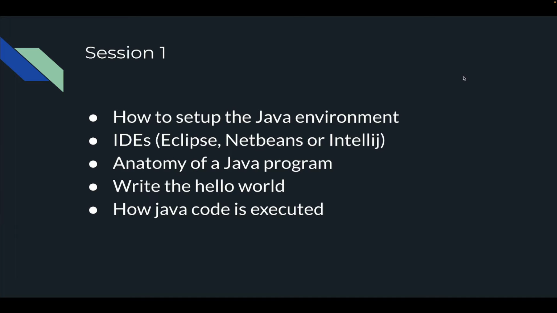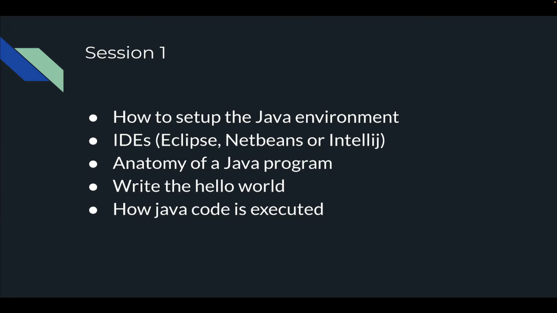Then you learn how a Java program is formed. You'll learn its anatomy. You'll understand what the building blocks of a Java application are. Next, we'll go to the fun and write the hello world, the typical hello world for a Java program.